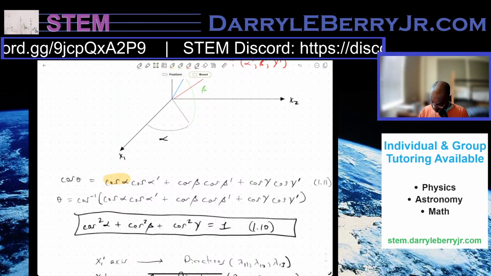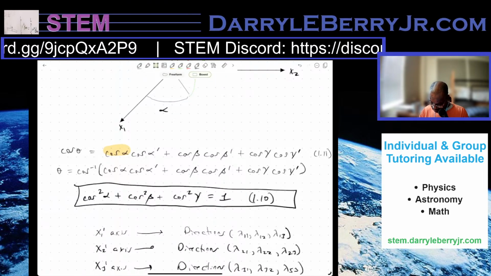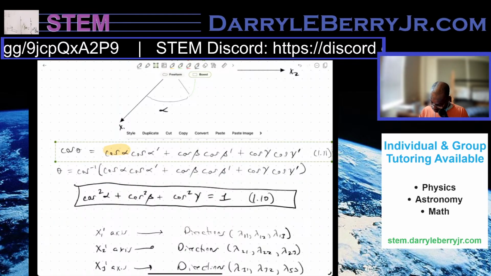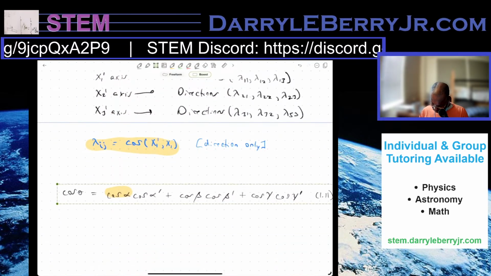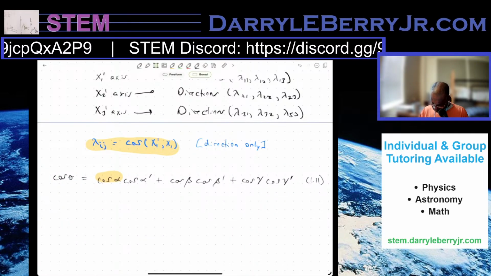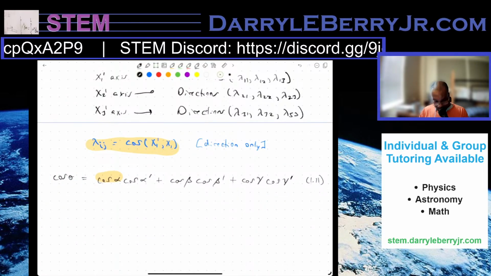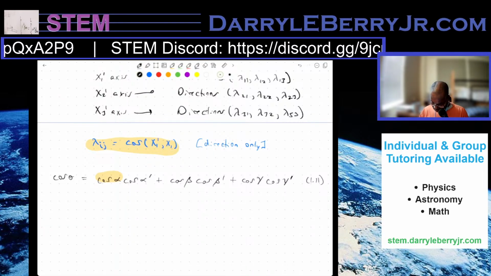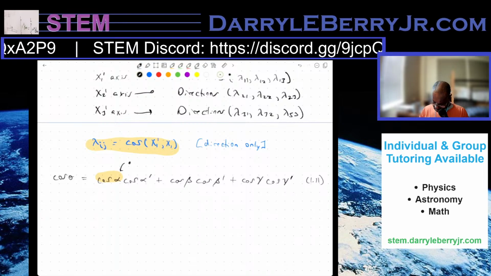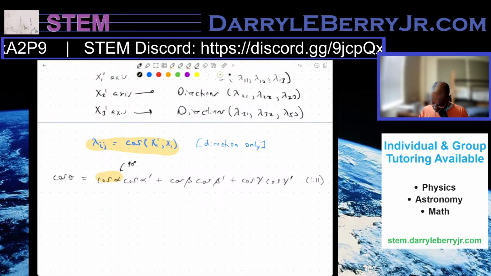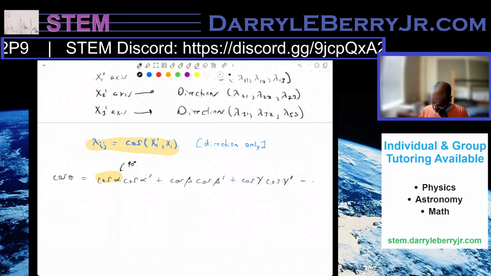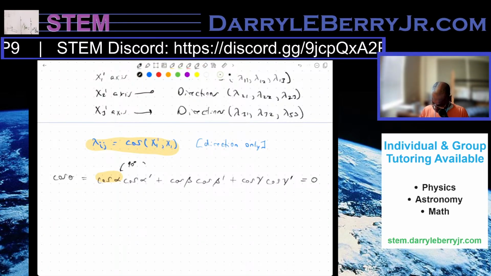If I take equation 1.11, all of these would be 90 degrees, which equals 0, because cosine of 90 is 0.